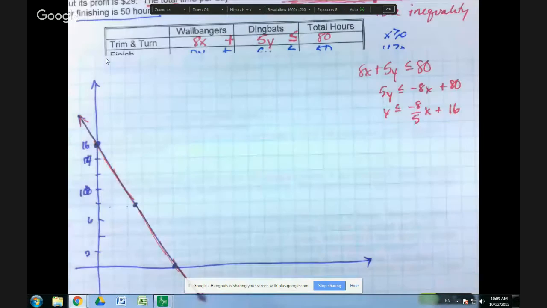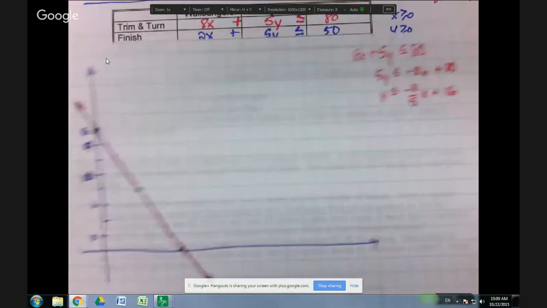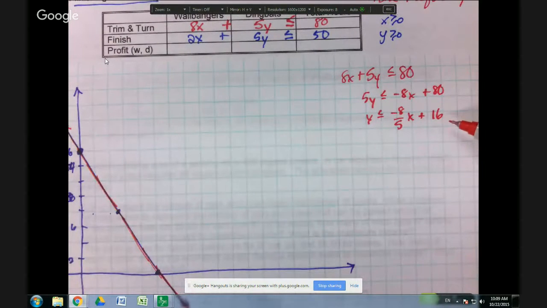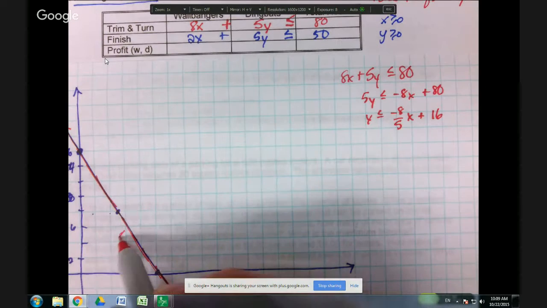Okay, so there's the trimming and turning equation and graph. Notice, again, I like to solve for slope-intercept form. Personal preference. The shading is less than, so I shade under.